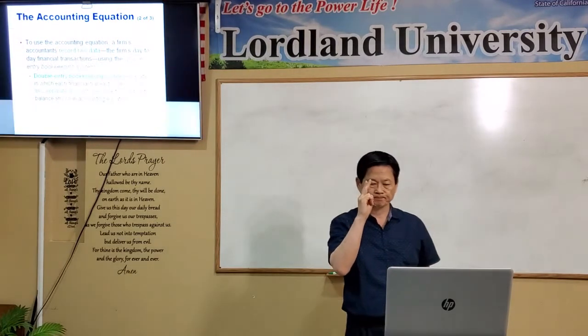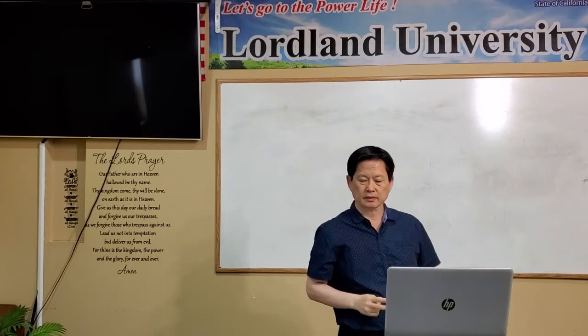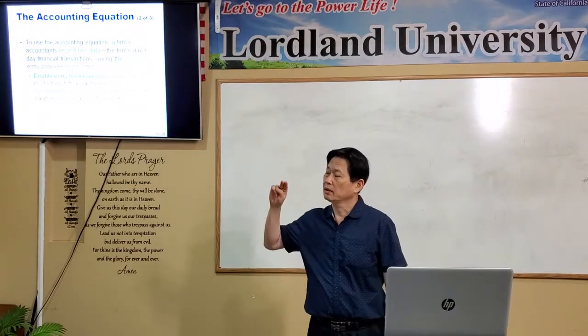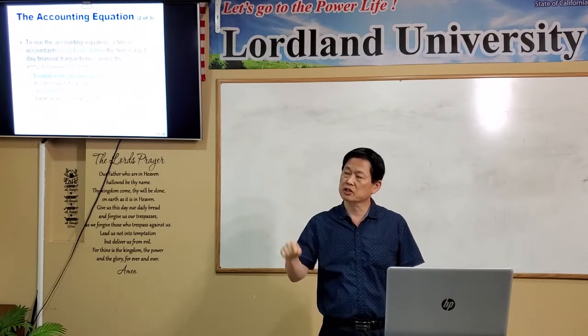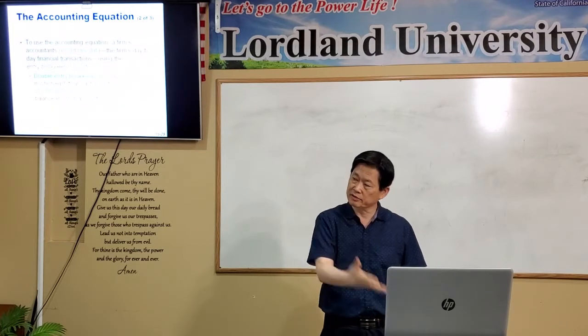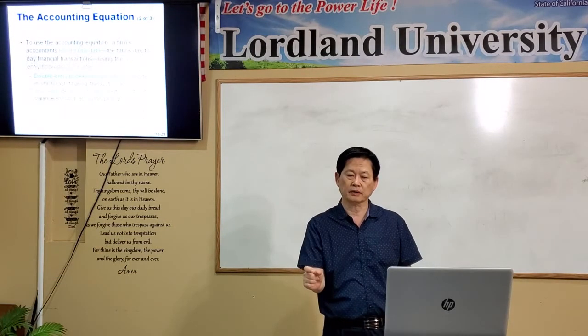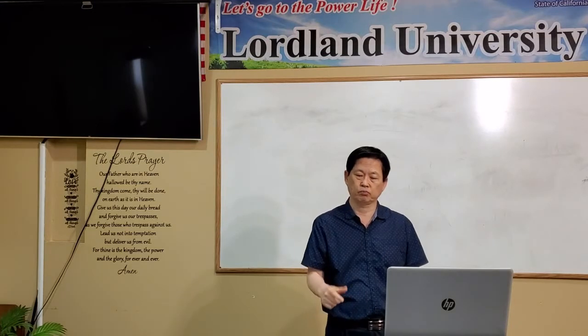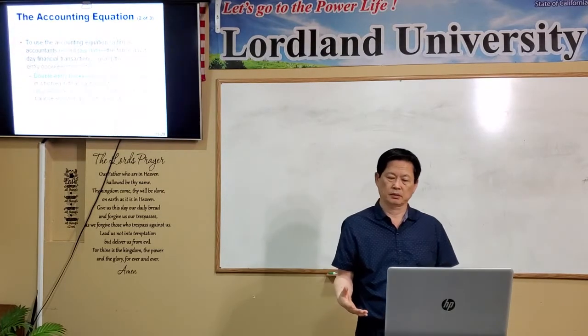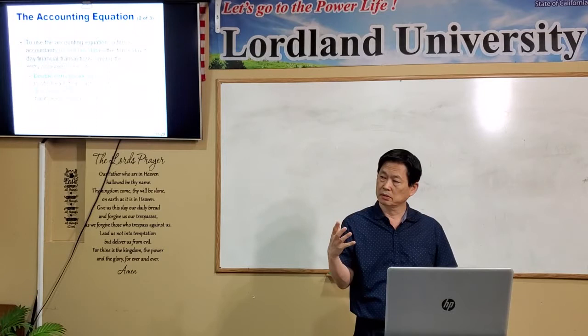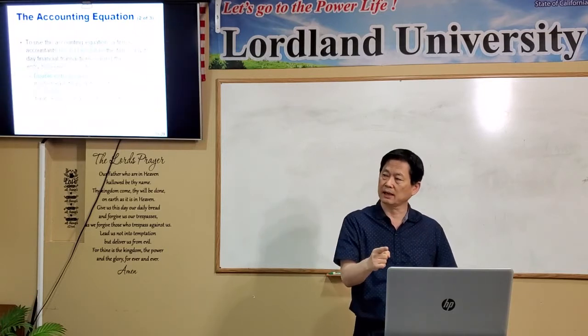Two separate accounting entries must be recorded on the debit side and credit side. That is double entry bookkeeping. One business transaction requires double entry bookkeeping. Double entry means the debit side and the credit side.